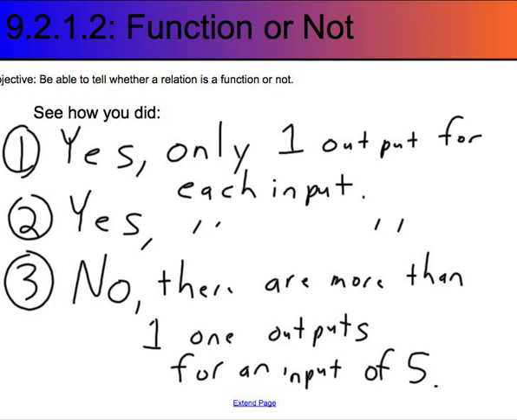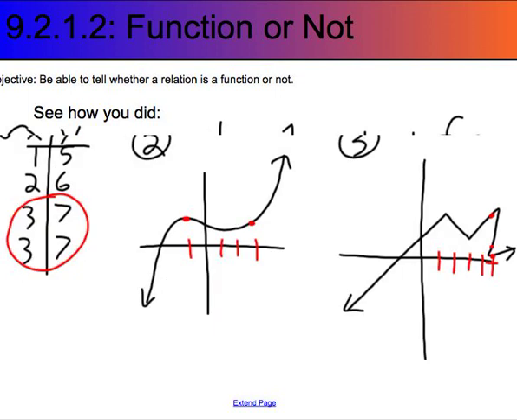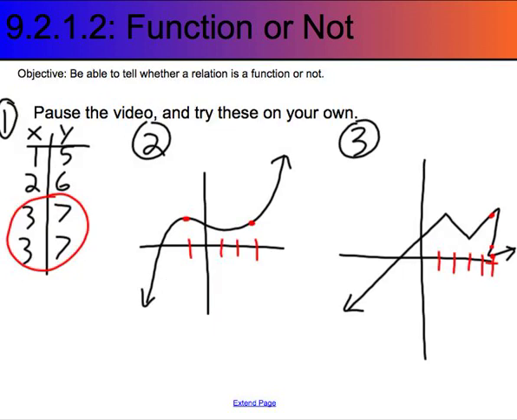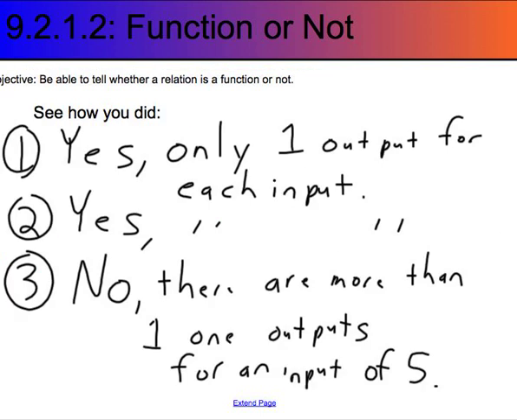And that was just one that I could have picked. It looks like there were a couple other ones, but the one that I looked at was 5 with these 3 red dots right there. That's one place where there are multiple outputs for 1 input, which makes it not a function.